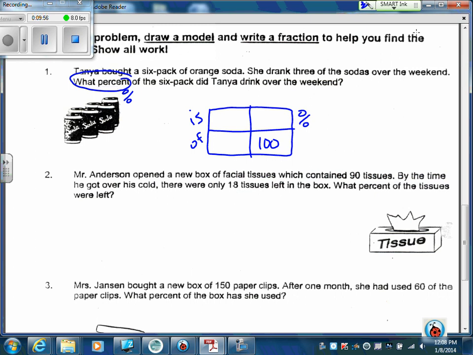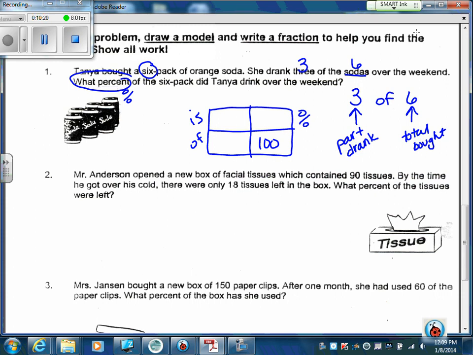So as I read the question, I'm just going to pull out what I think is important. She drank 3 of the sodas. Well, how many sodas? They say that she bought 6. So 3 of 6. 3 is the part because it's the part that she drank. 6 is my total because that's the total that she bought.